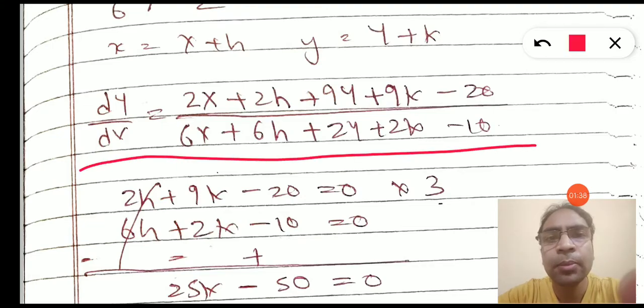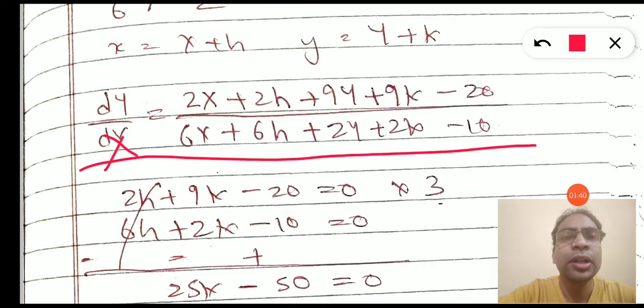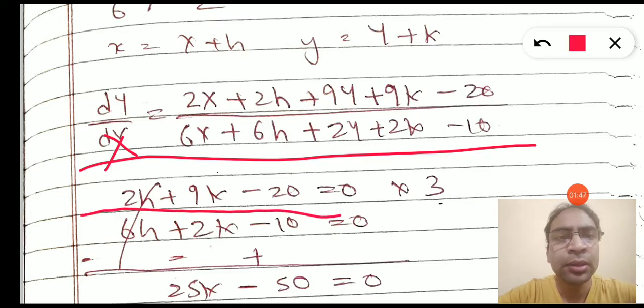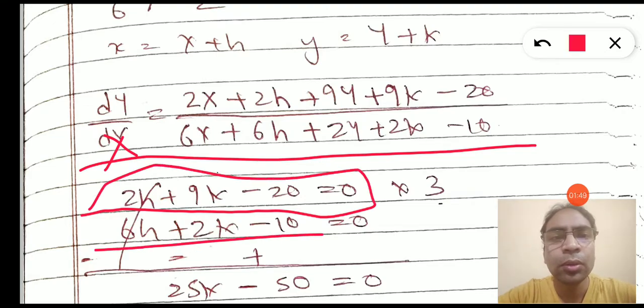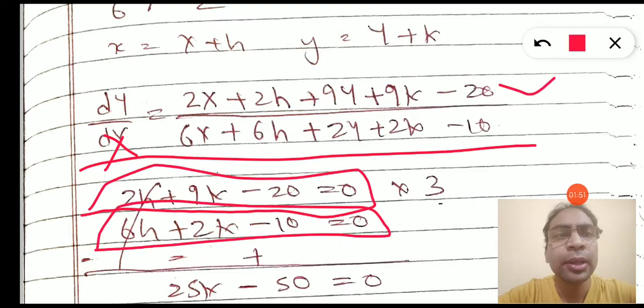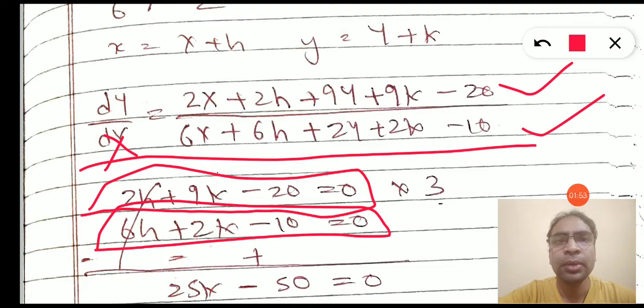We will pick these two equations 1 and 2 from numerator and denominator by separating the h, k variables and keeping these two equations equal to 0, and solving these two equations for the values of h and k.